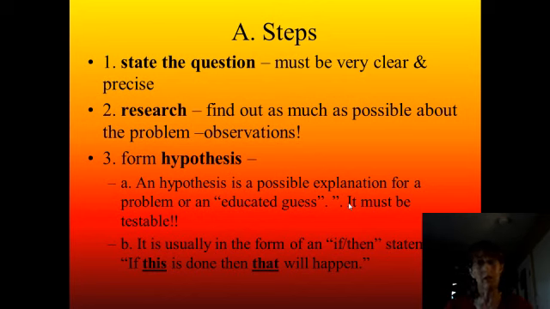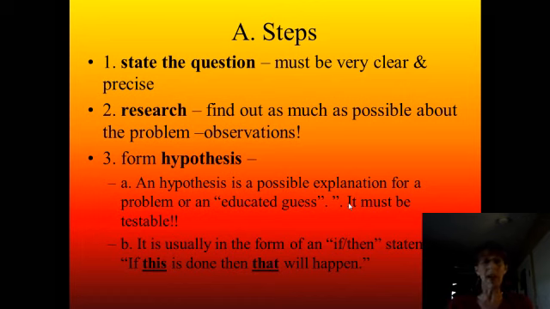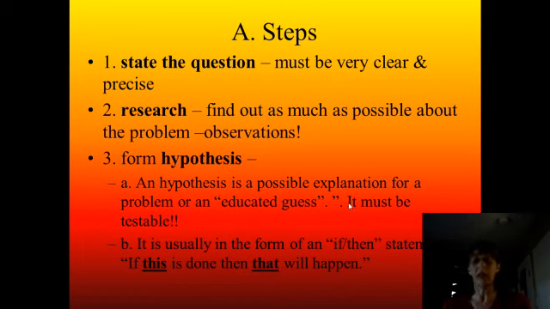But if you've got a good question and you know that there's not an answer out there yet, then you can go do some background research to see, okay, what information do I have that will help me come up with the answer? So when you do your research, you find out as much as possible about the problem. And a part of that research is, again, your observations. Those are things such as your sense of sight, taste, touch, hear, and smell.